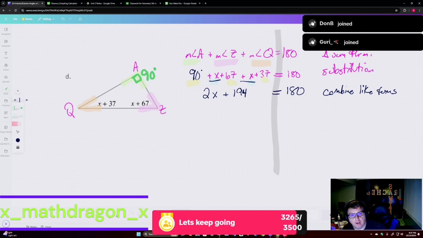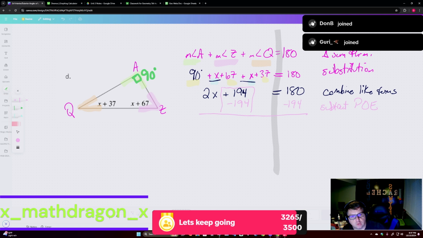And I know it's going to be negative because this number is larger than that one, and once I subtract it over, we're going to see that that becomes that. So we're going to subtract 194 from both sides. That is our subtraction property of equality.